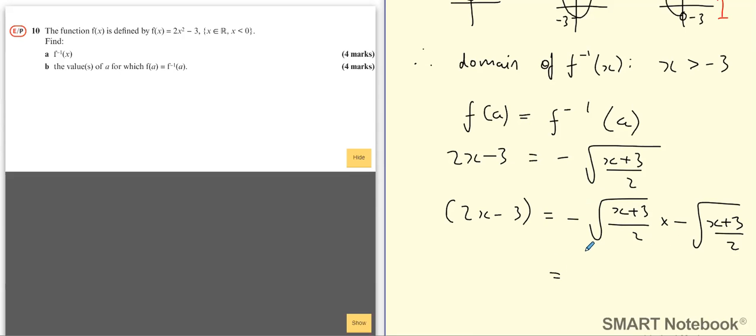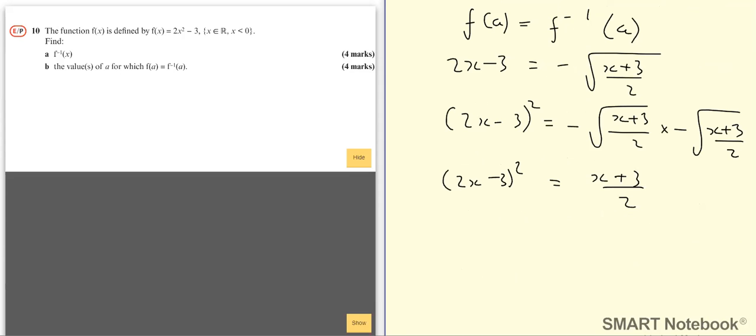Minus times minus is positive, the square roots cancel out. Root of something by itself is going to be what's inside the root. So here we get (2x squared minus 3) squared equals (x plus 3) over 2. Are we happy with that?